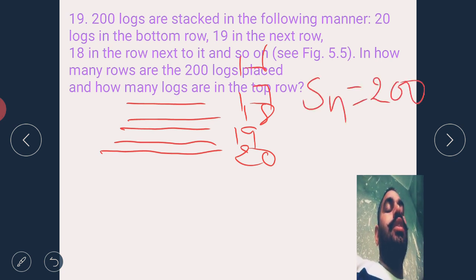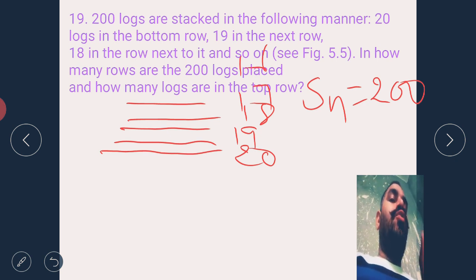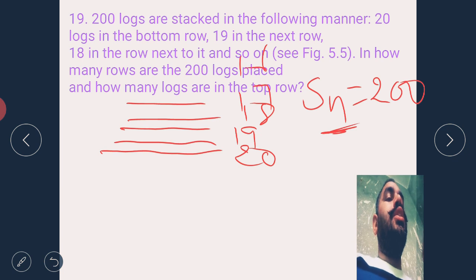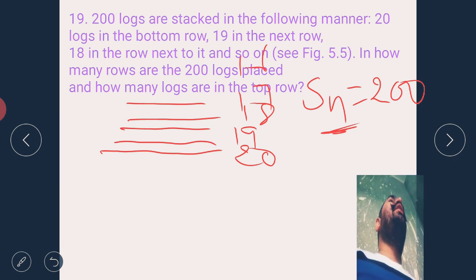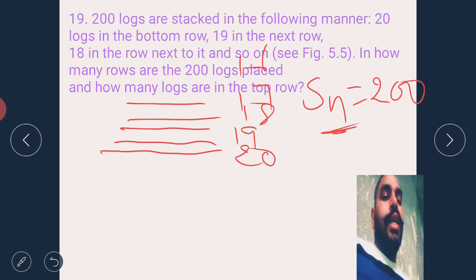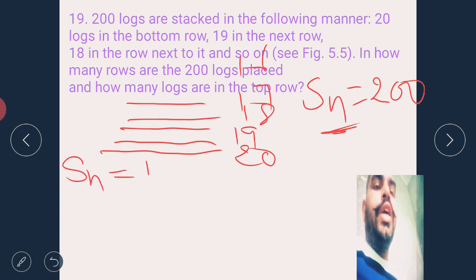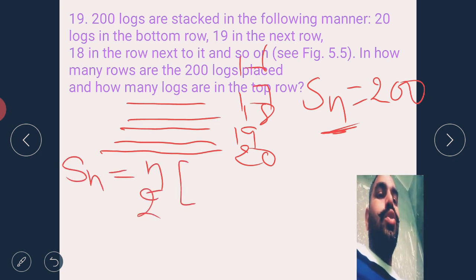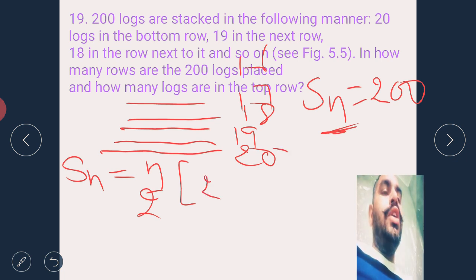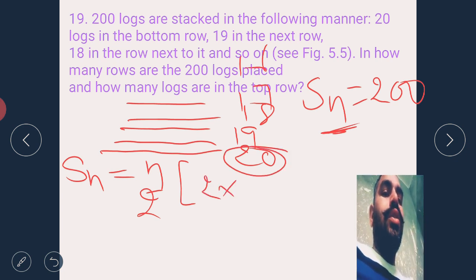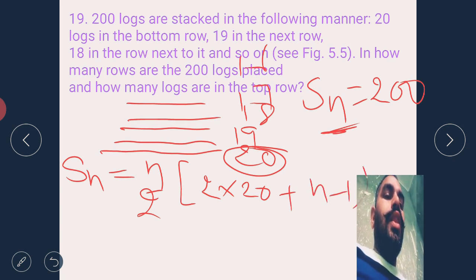So Sn is equal to what? 200. It means total number of logs are 200, but we don't know how many rows are there, so we counted that as n. So we know that Sn can be written as Sn is equal to n by 2 into 2a. A is the what? First term, that is 20, into 2 times 20, plus n minus 1 into d.